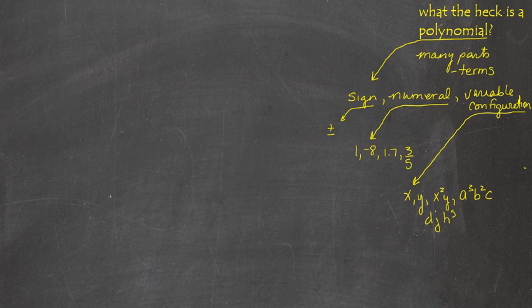Now let's talk a second about what's not a part of a polynomial. In this case, the only limits are on the variable configurations, or excuse me, on how the variable is used. So for example, when it comes to the numeral portion, we can't have a variable in the denominator or in the power. So -8 to the x. So we can't have a variable attached to the numeral by being either in the denominator or raised into the power.